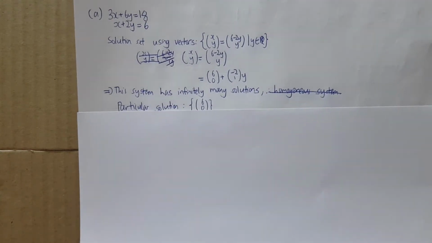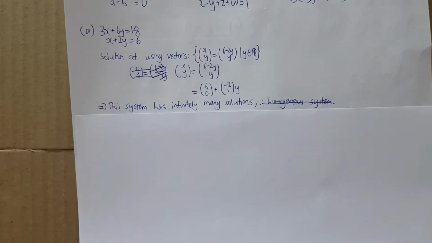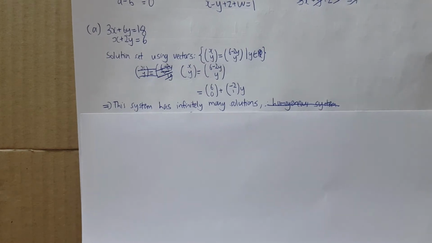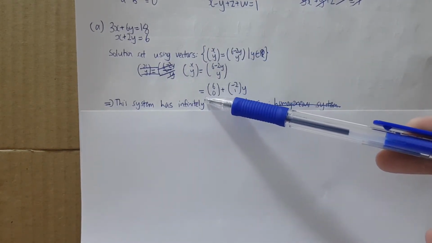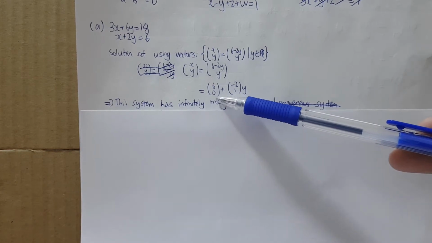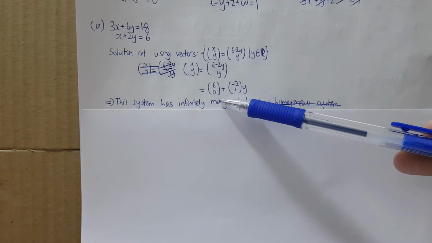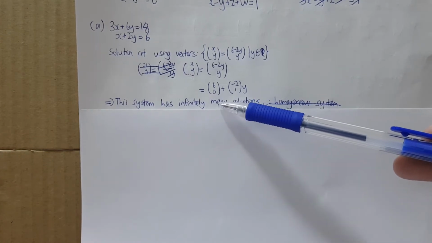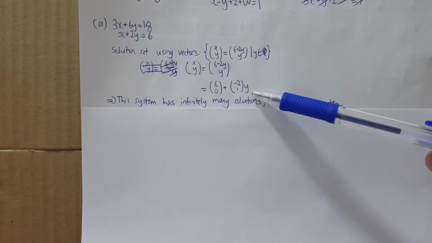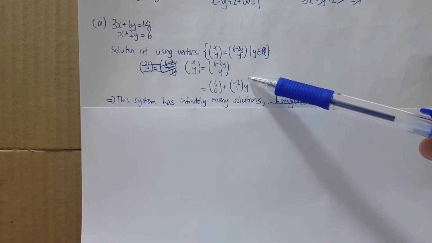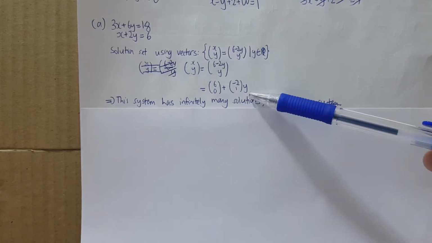For a general equation like this, you have the particular solution, which means it is free of any free parameters or any non-leading variables. And this part here, the minus 2 and 1, is the solution set of the homogeneous system, which means it has a free parameter.